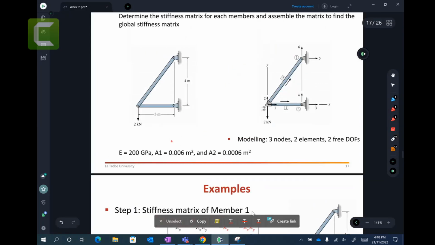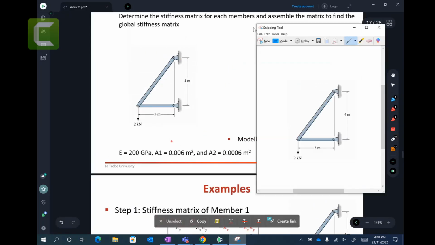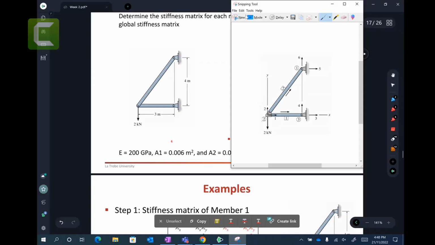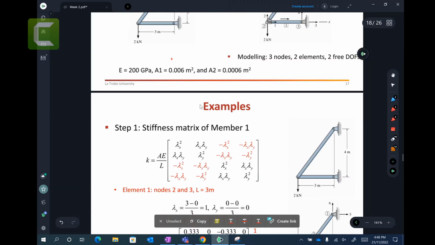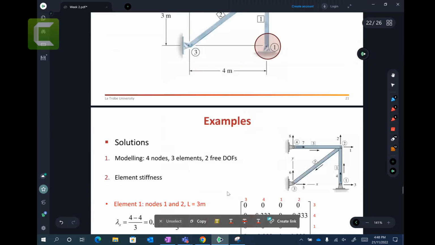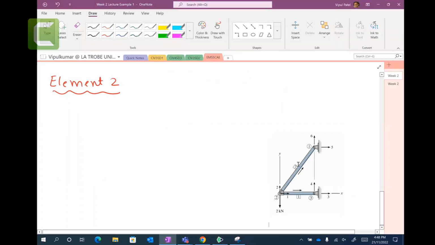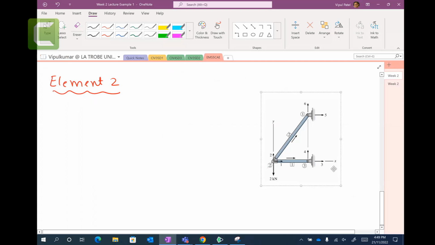Okay, I'm just keeping an eye on the chat as well. Okay, now element number 1 done.